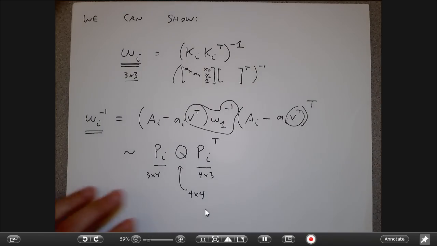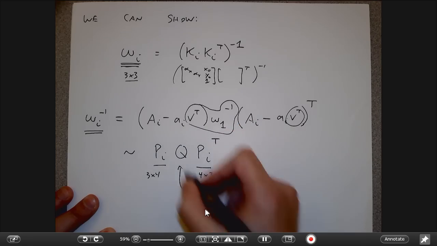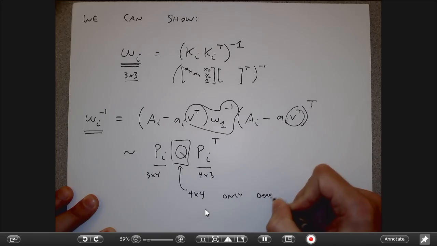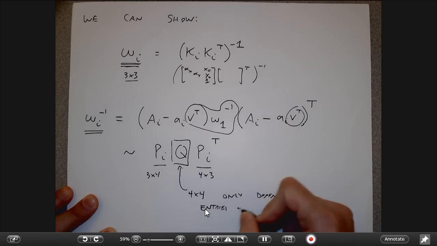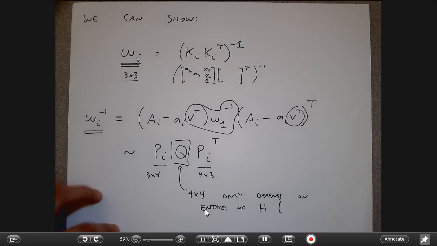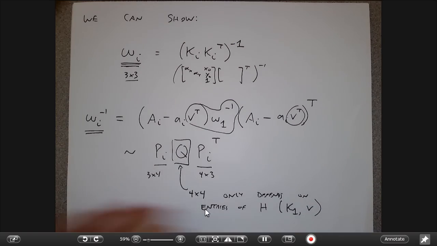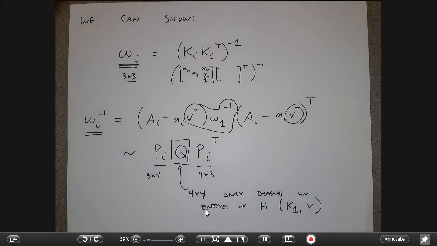So all of the stuff in Q only depends on entries of H, which in turn involve K1 and this unknown vector V. Getting from here to here is a homework problem, why is this true.